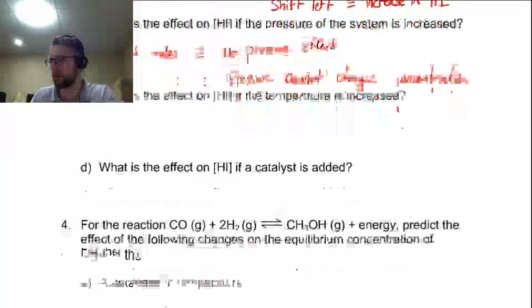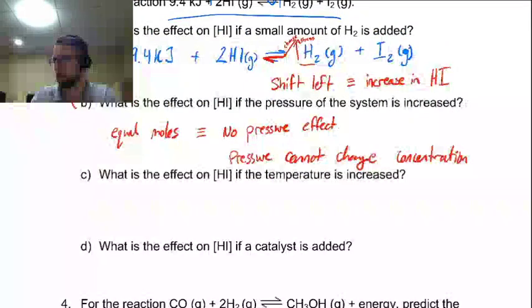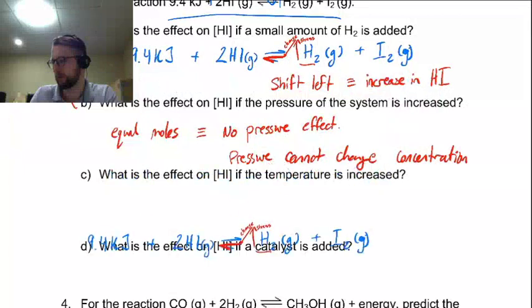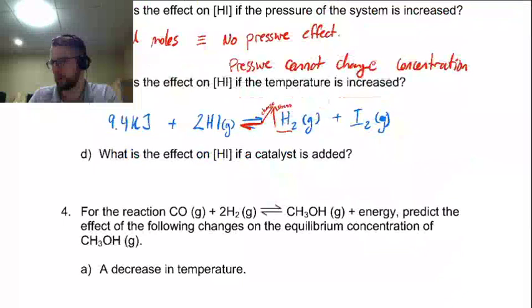What is the effect on HI if the temperature is increased? So this reaction does require temperature, right? So I'm going to duplicate this, bring that down here, do a little bit of cleanup on it. Get rid of this, get rid of that. Okay, put a blue arrow here.